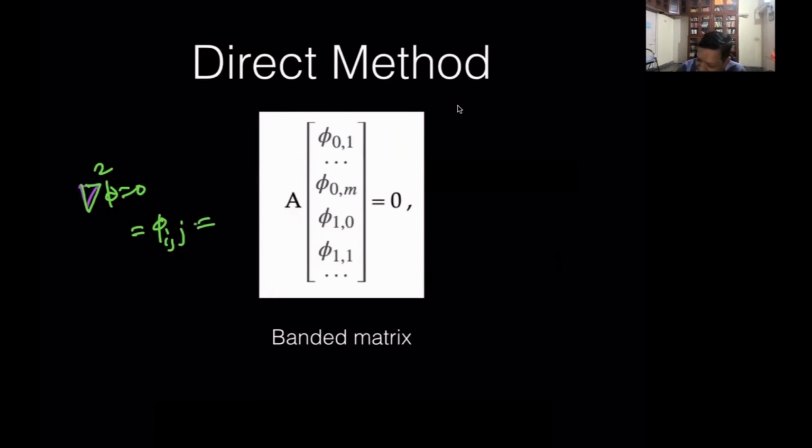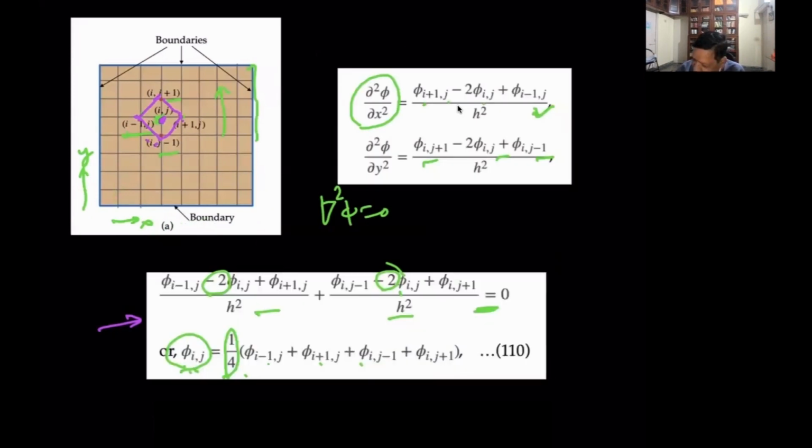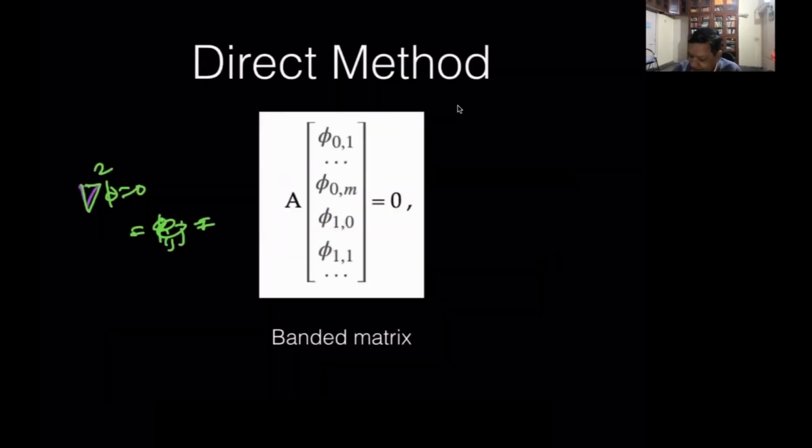So we can write this in terms of a matrix. I'm going to write this equation as a matrix. Here I put all the unknowns, phi 0, 1 and so on. By the way, please keep in mind that the boundary condition is specified.